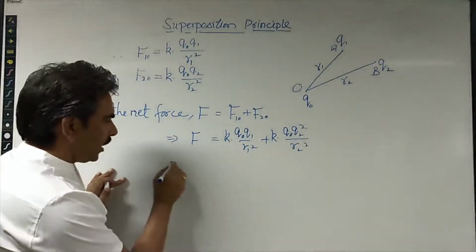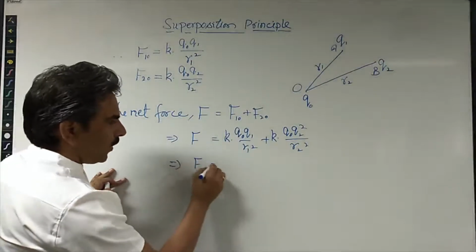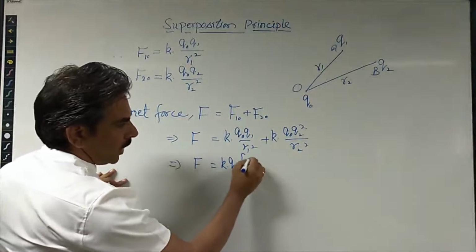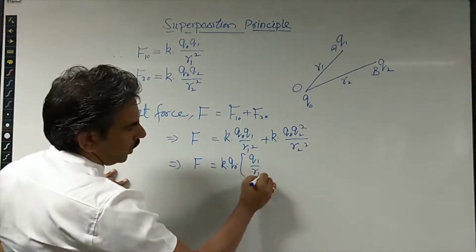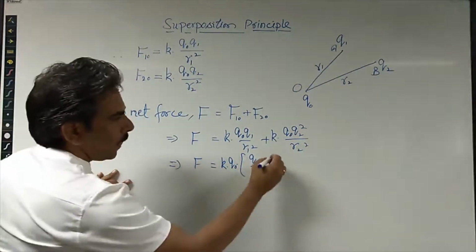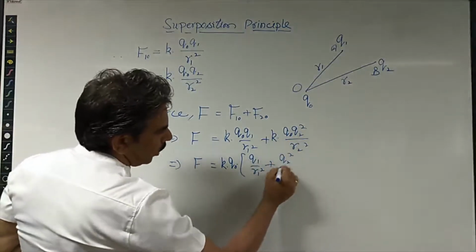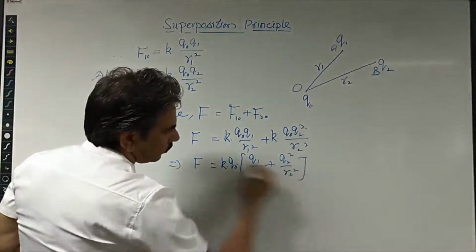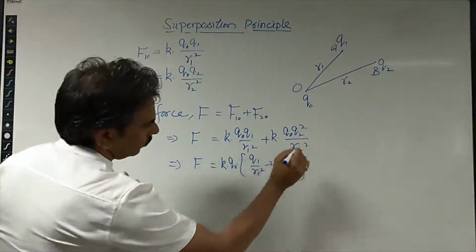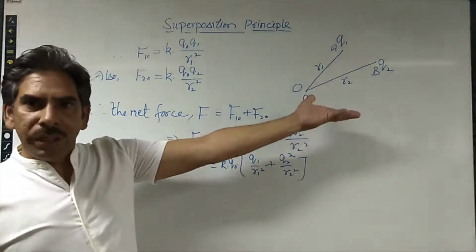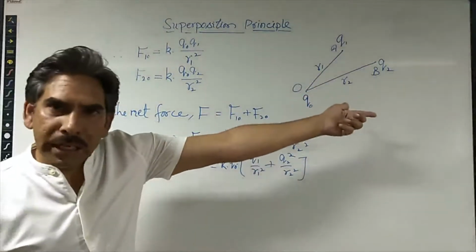The other thing is just mathematics. You can take some common factors out. K is common, Q naught is also common. So inside we are left with only Q1 upon R1 square plus Q2 upon R2 square. If we had one more charge Q3, we can write the expression accordingly.